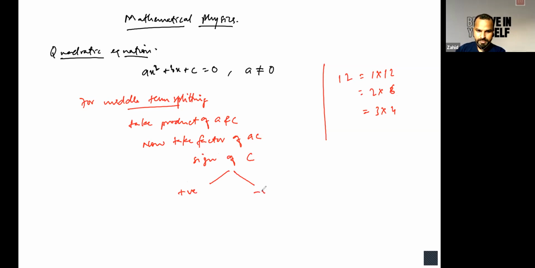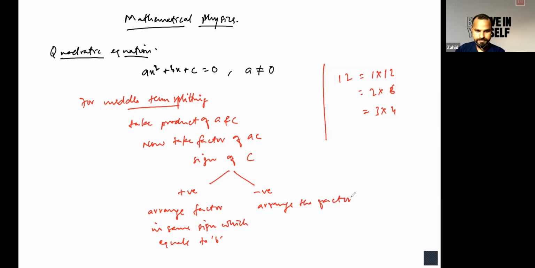First, if C is positive, arrange the factors in the same sign which equals B. If C is negative, then arrange the factors in opposite sign which equals the middle term.